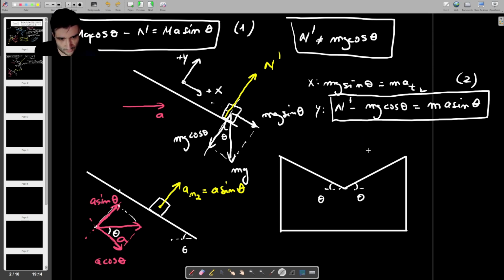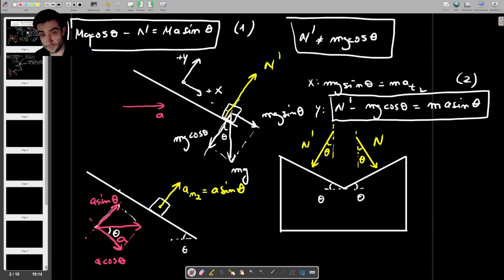Let's make this a straight line. So we have n, which is acting from the first object like this, and we have n prime, which is acting from the second object like this, and we know this is theta, we know this is also theta, and we know this object is accelerating like that.